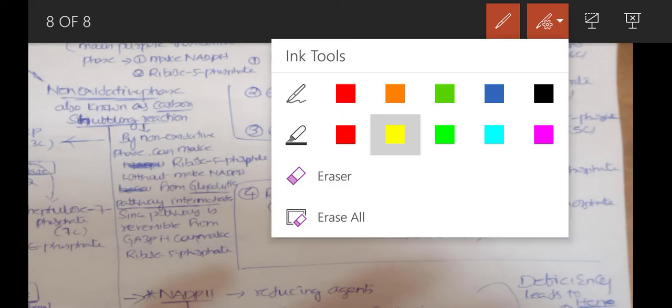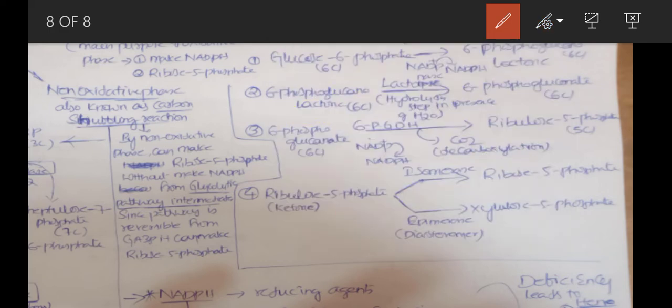We get an intermediate, that is 6-phosphogluconate. This 6-phosphogluconate, in the presence of 6-phosphogluconate dehydrogenase, will form ribulose 5-phosphate.